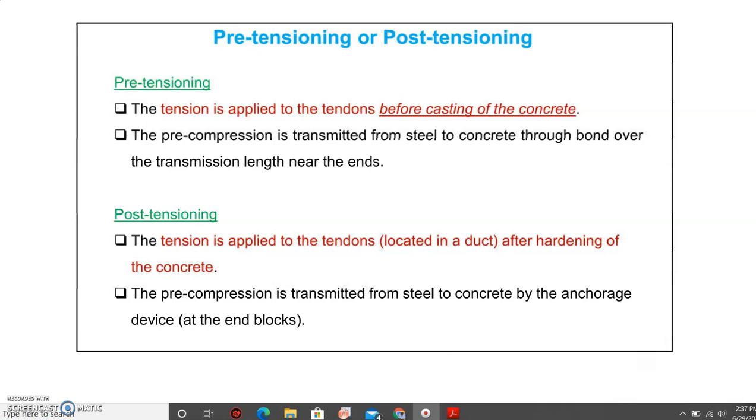In post-tensioning, the pre-compression is transmitted from steel to concrete by the anchorage device provided at the end blocks, at the end of the member. So now you can get a clear idea. Mainly, the compression is applied to the concrete by the steel tendons via bonding in the pre-tensioning method, and via anchorage in the post-tensioning method.